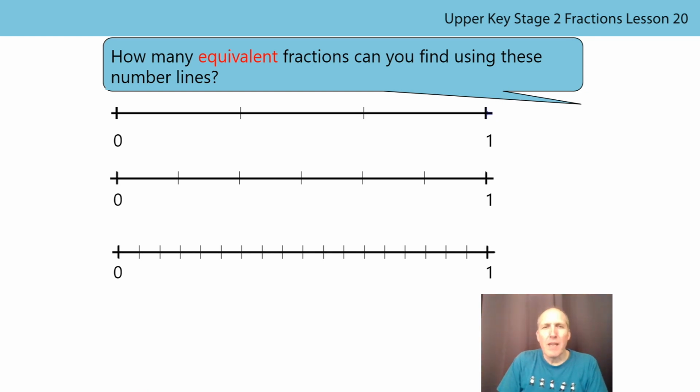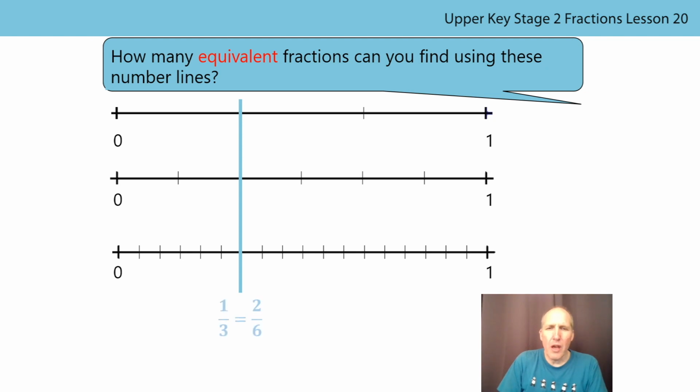Our activity now is to see how many equivalent fractions we can find using these number lines. So for example, 1/3 sits at the same position on the number line as 2/6. What about the bottom line? How many equal parts did we say there were? That's right, there were 18. So 1/3 sits at the same position on the number line as 1, 2, 3, 4, 5, 6 18ths.